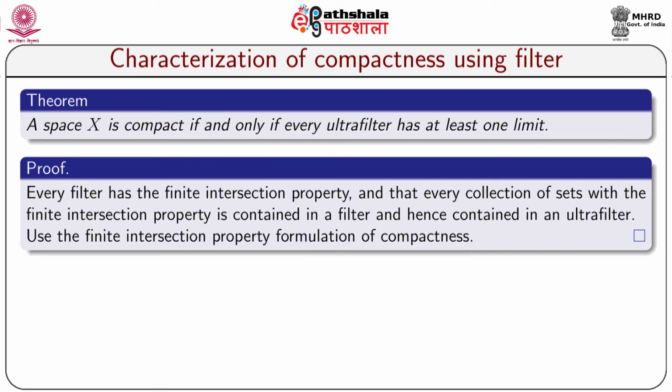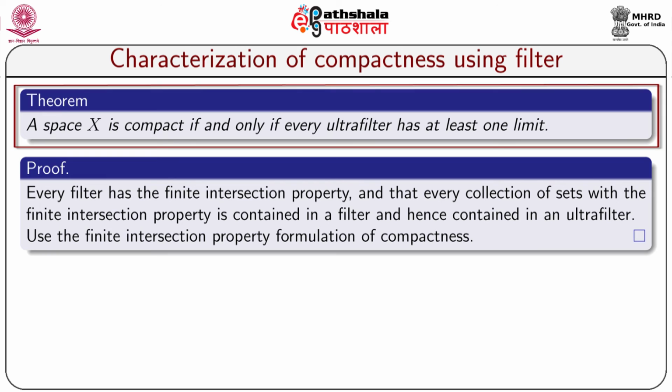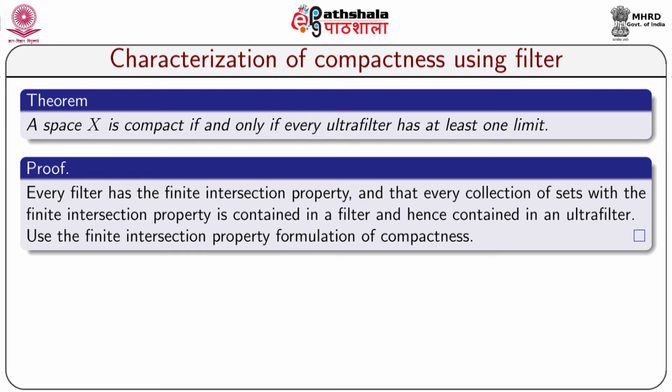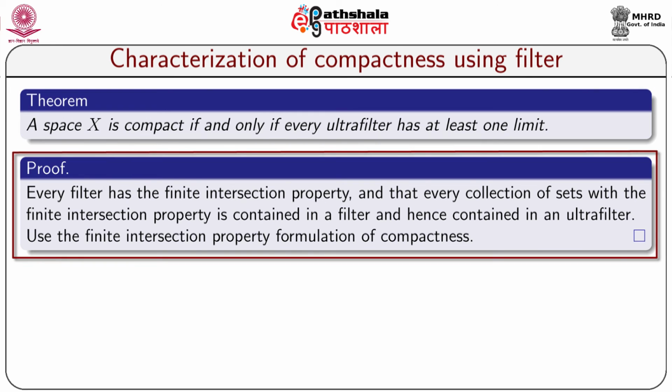Now, we are presenting our final characterization of compactness using ultrafilters. A space X is compact if and only if every ultrafilter on X is convergent. Every filter has the finite intersection property, and every collection of sets with the finite intersection property is contained in an ultrafilter, which can be proved by Zorn's lemma.